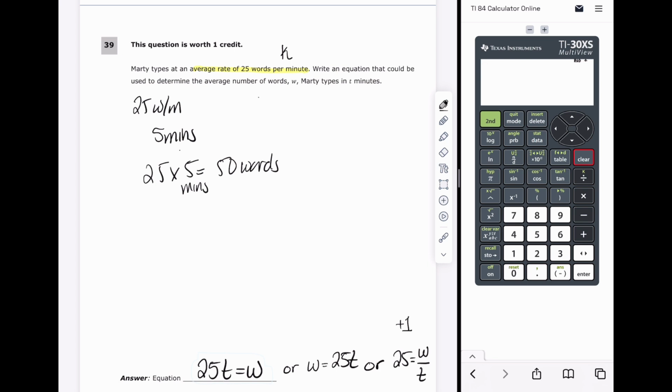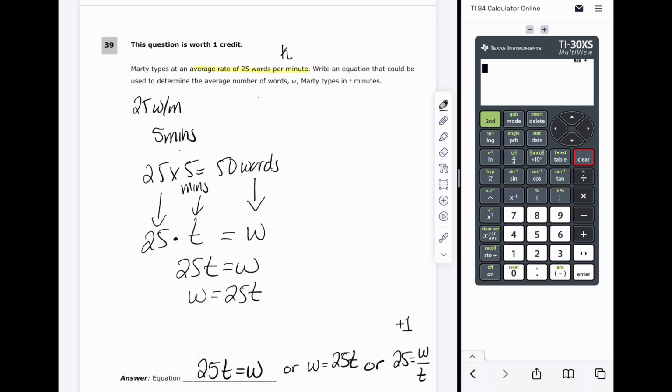When I'm writing it out this way, think about it: our words is our W. Our W is equal to 25, which is our rate, times the number of minutes, T. So that's how I can have 25T is equal to W, or you could have written it the other way: W is equal to 25T.